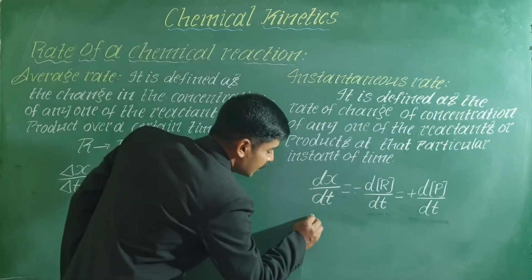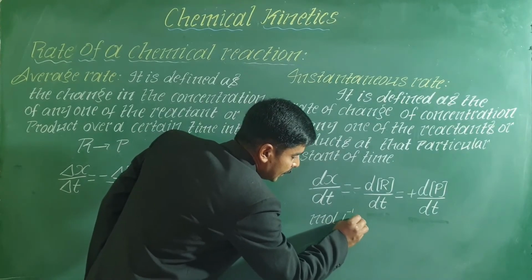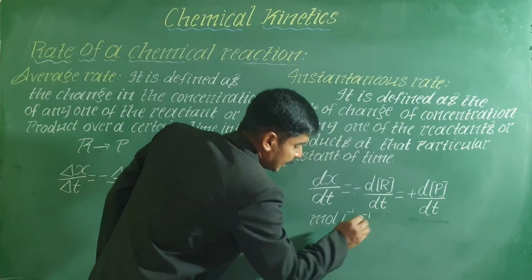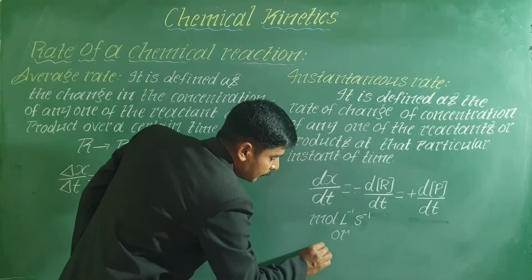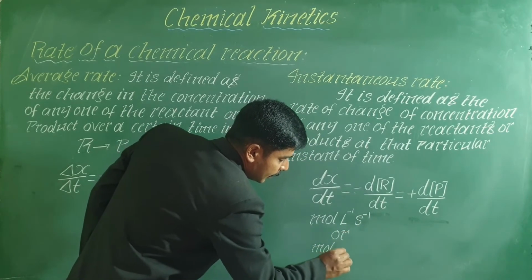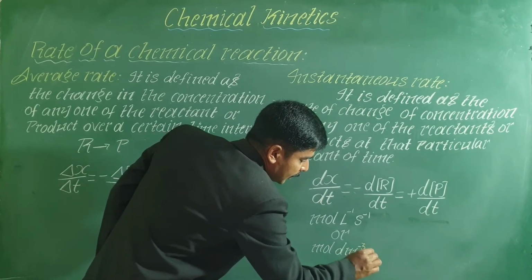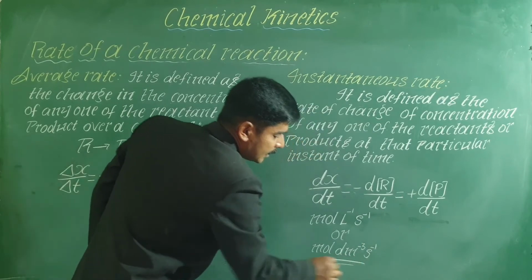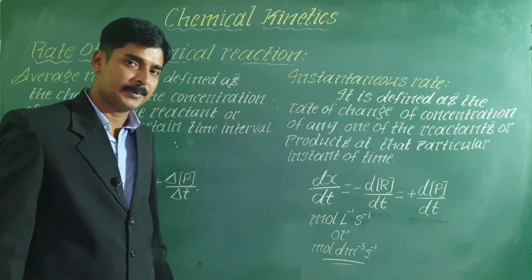So the SI unit is mole per liter per second, or we can write it as mole per dm cube per second. This is the SI unit of rate of a reaction.